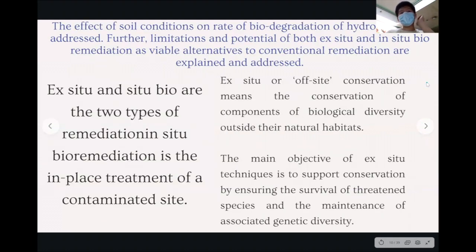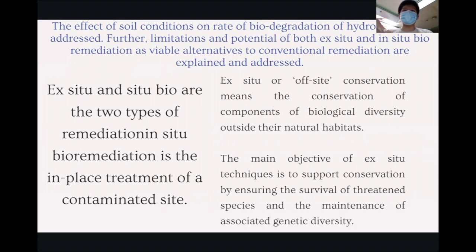So the effect of soil condition on the rate of biodegradation of hydrocarbons is addressed. Further, the limitations and potential of both ex situ and in situ bioremediation as viable alternatives to conventional remediation are explained and addressed. In bioremediation, there are also two types, just like aerobic and anaerobic, right? Here, ex situ and in situ are the two types of remediation, in situ bioremediation being the in-place treatment of contaminated sites. Firstly, ex situ, or off-site.